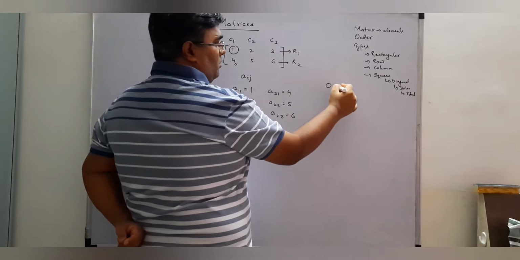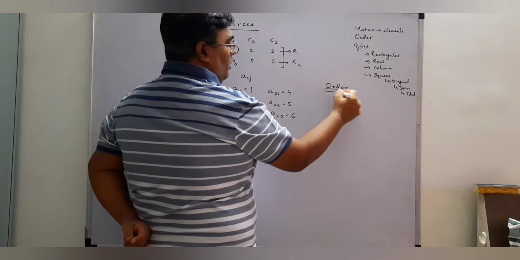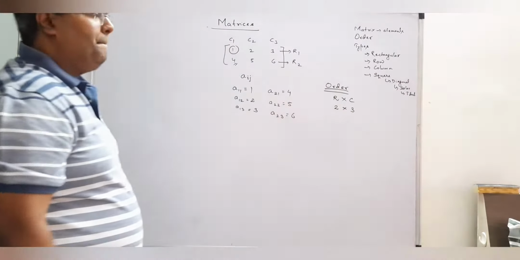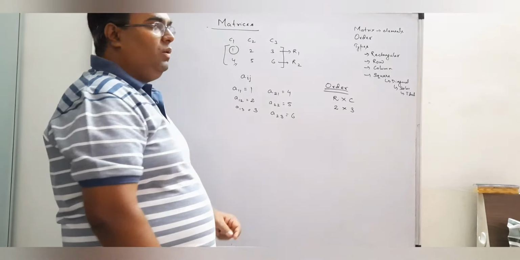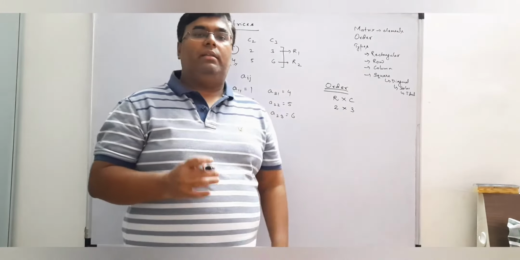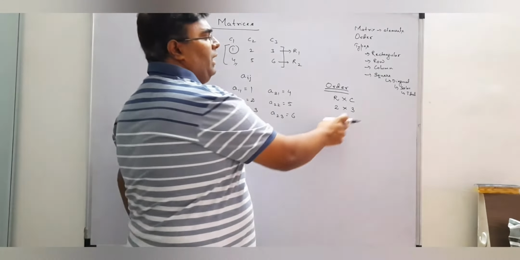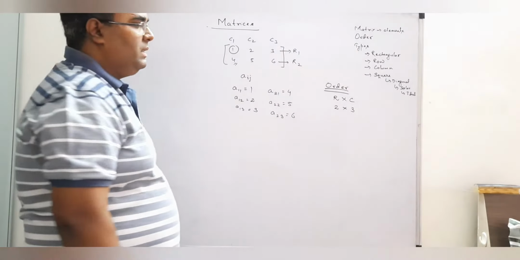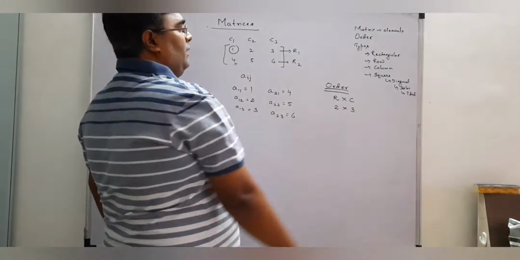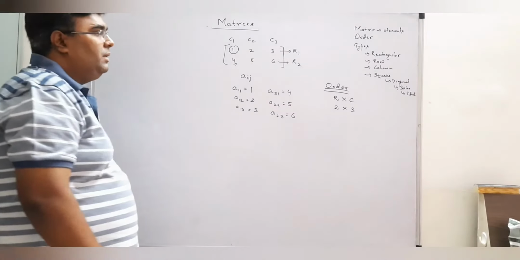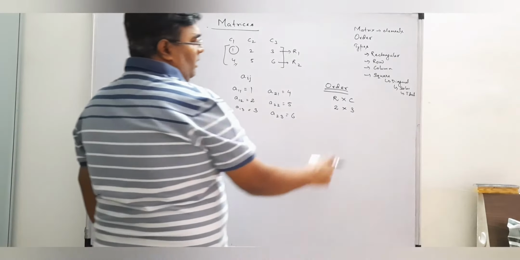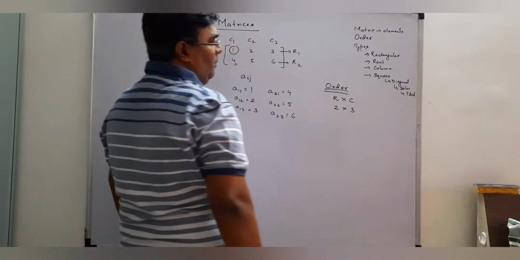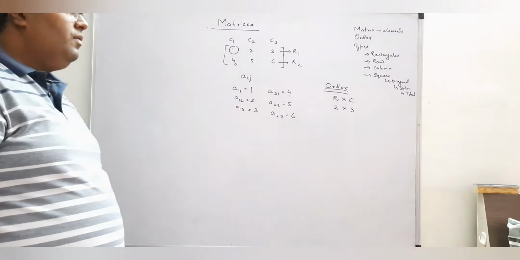This is the order of the matrix. It also tells you how many elements are in the matrix: just multiply the numbers. In this case it is 2 multiplied by 3, which is 6.